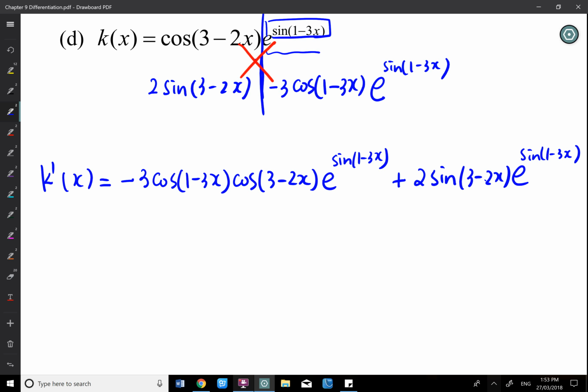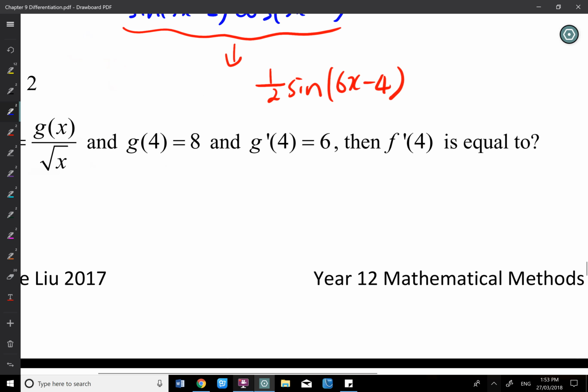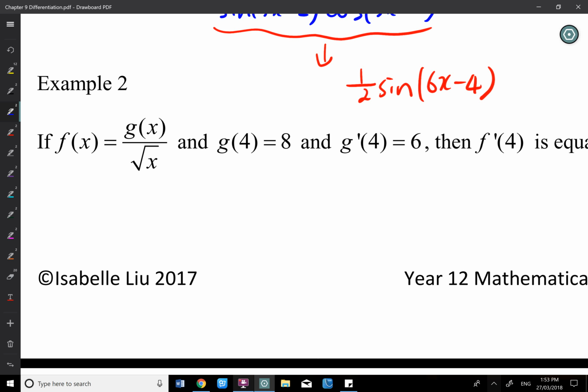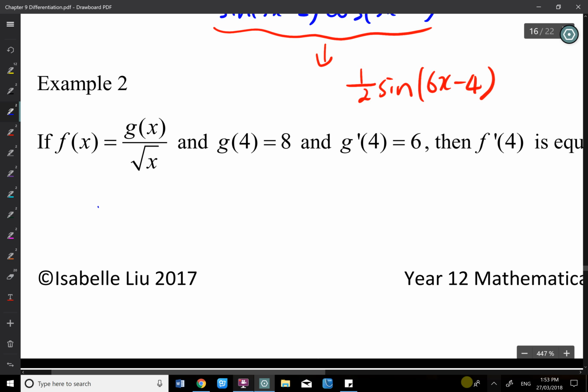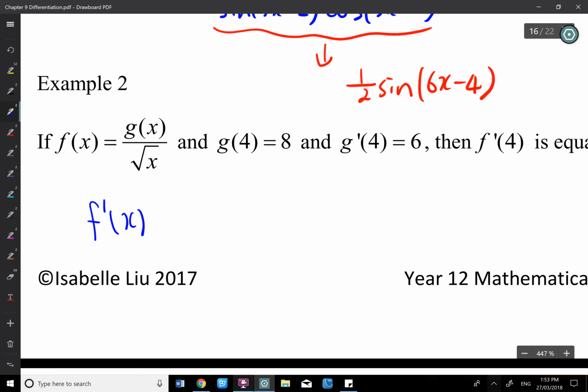Any questions? No? Okay, if you don't have any questions, can you derive the next question? I want to find an expression for f dash x.